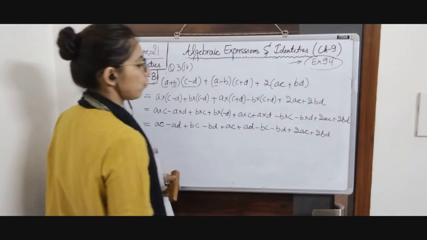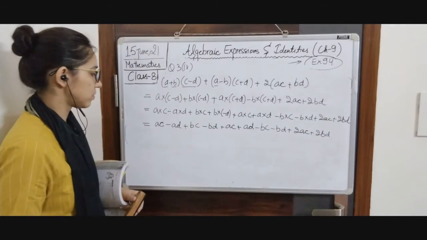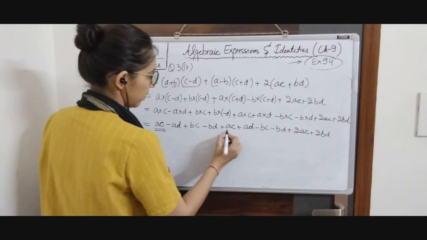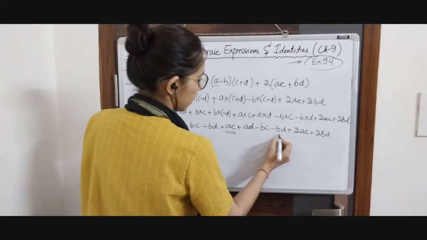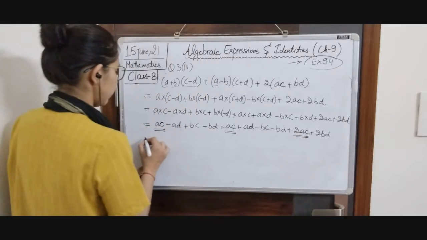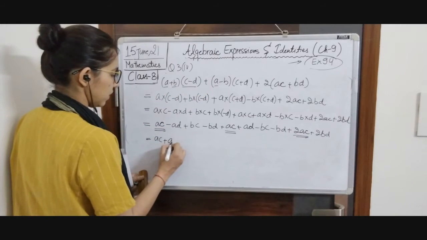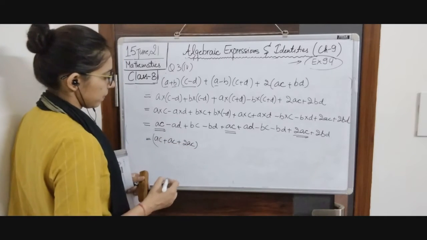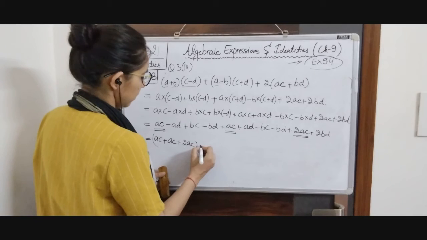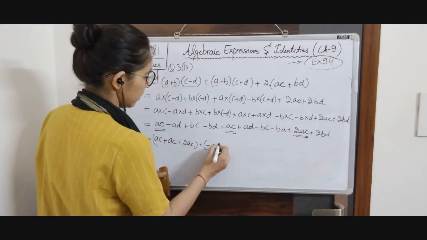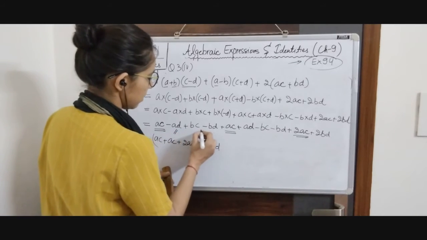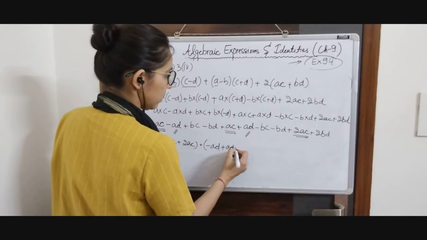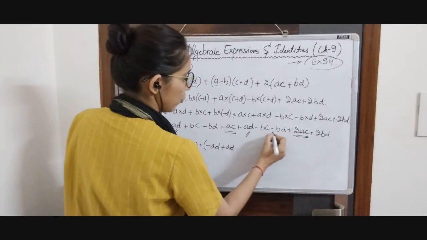Now we have to look for the like terms. AC like term, AC, then AC and AC. Okay, so it is AC plus AC plus 2AC. We are done with this. Next is AD, minus AD, plus AD, and any more AD?